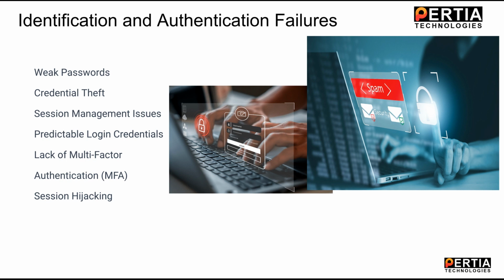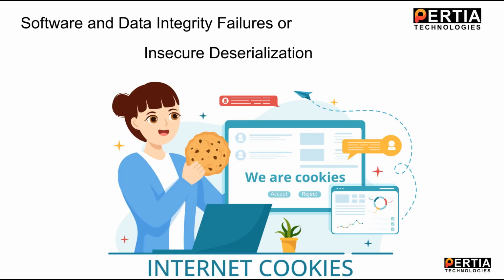Now, among the top 10 security risks, next we are going to talk about software and data integrity failures, also called insecure deserialization. The name itself gives us an idea of what it is about. It is a security vulnerability that occurs when an application doesn't properly validate and handle data that is being deserialized.